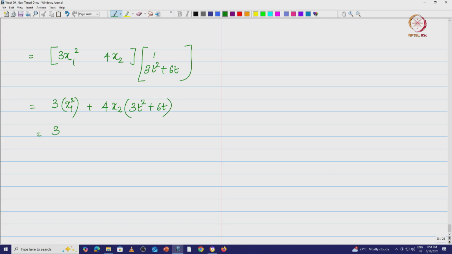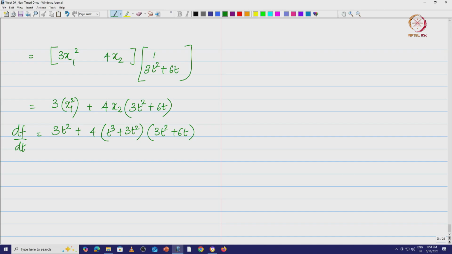Since x1 is t, I take it as 3t squared plus 4 into t cube plus 3t squared, into 3t squared plus 60. You can simplify and get the value of df by dt. So, this is how the chain rule operates.